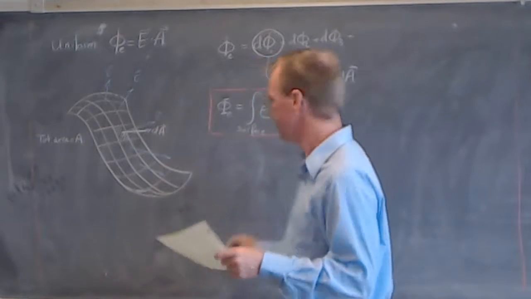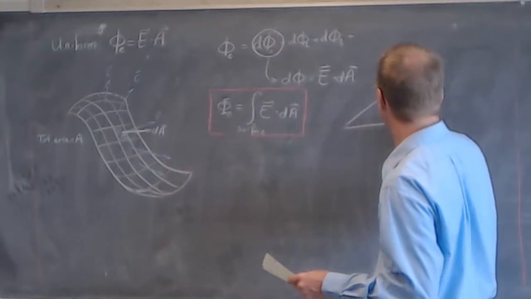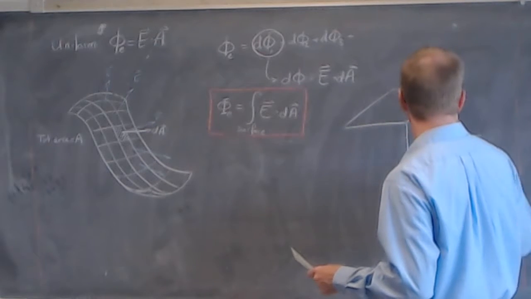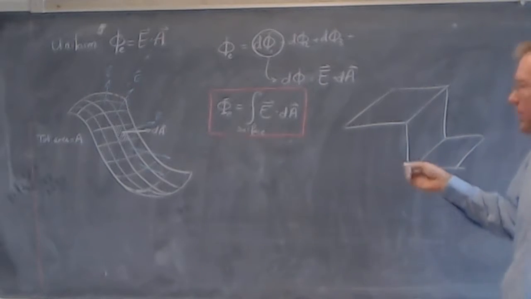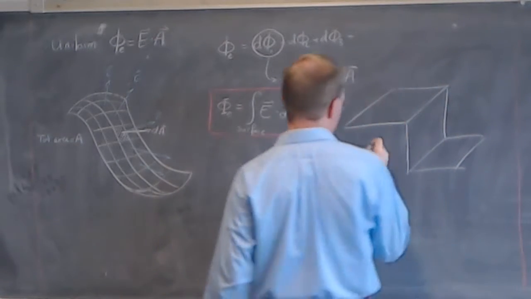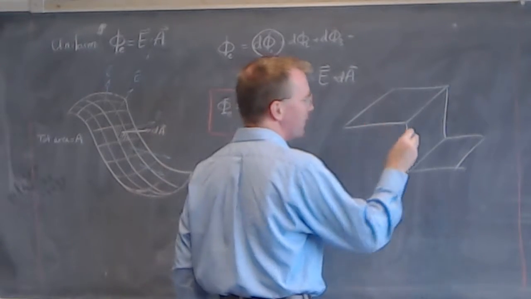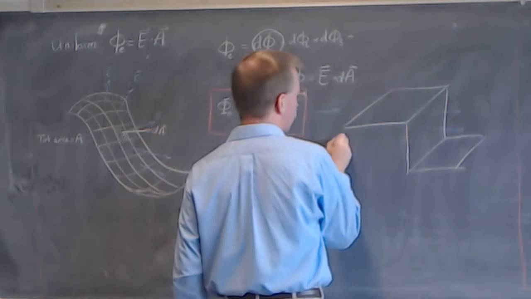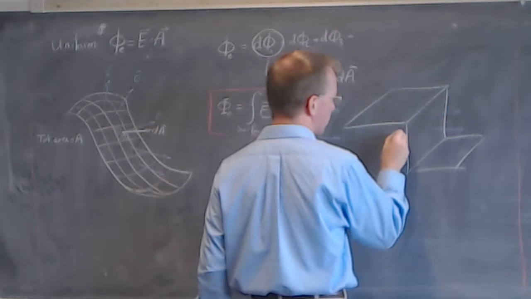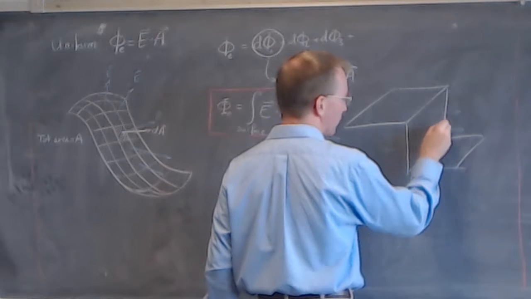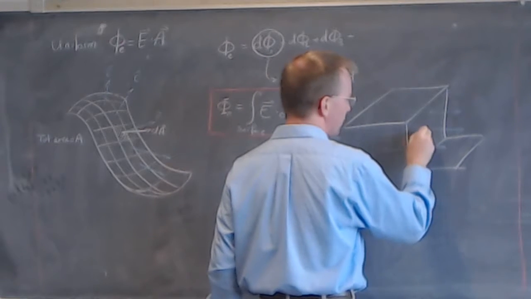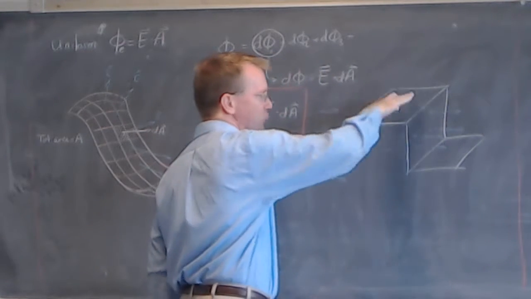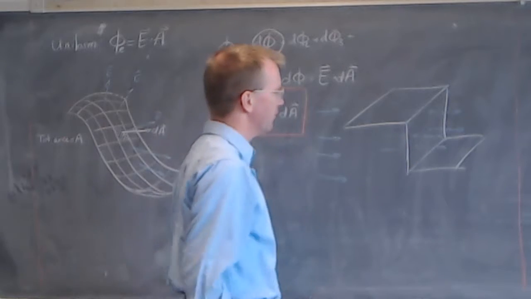What if I have some surface which is like that? Maybe I've got some flux going, some electric field coming over this way. And they pierce through here, but they're not going to pierce through there. But this is just a flat sheet, a flat sheet, a flat sheet there.